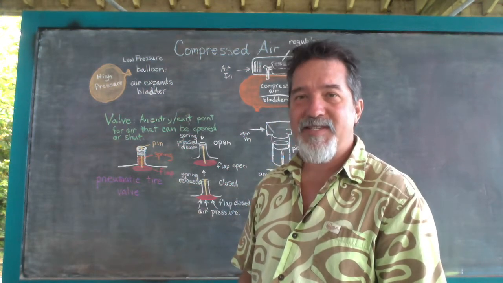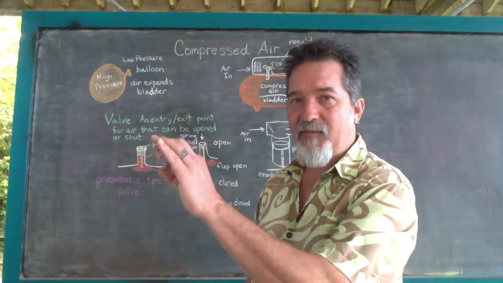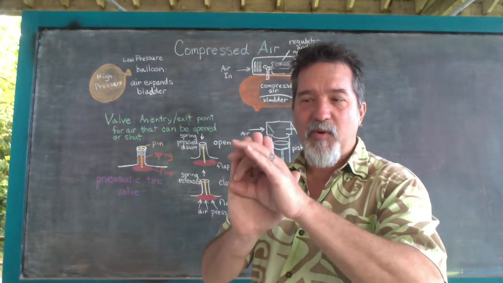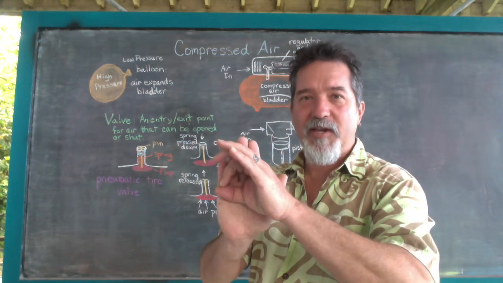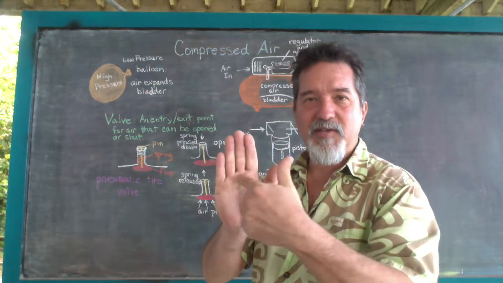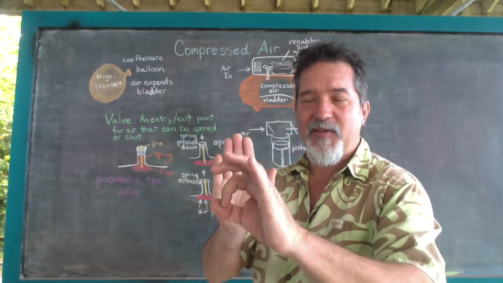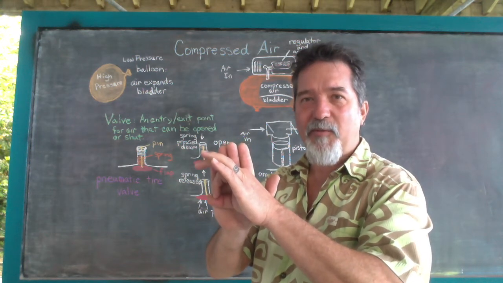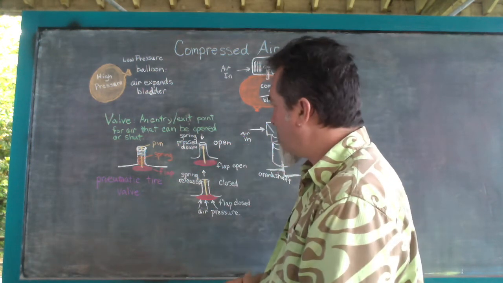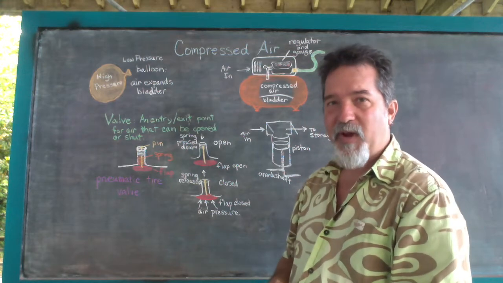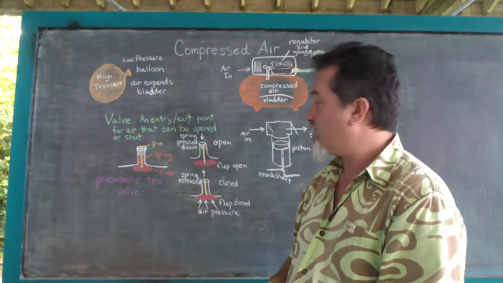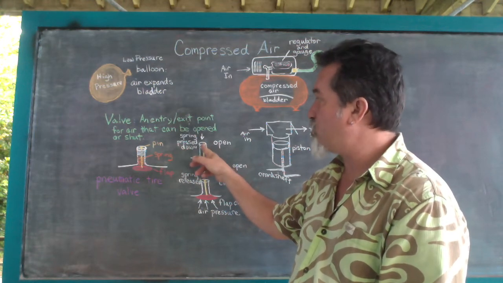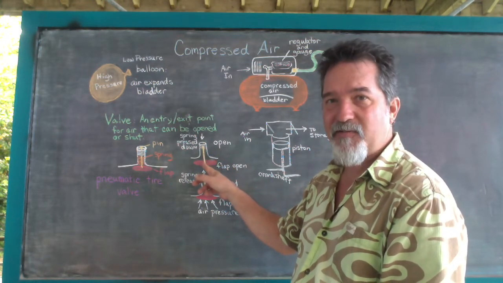A valve is designed in a way that we have an opening, and then we have something behind that opening that, when pressurized, will keep it shut. So if vacuum pressure is pulling in this way, then it will suck that valve shut and keep the valve from opening. So, like many valves, we need to find a way that we can open the valve. Well, if we're going to put air into a tire, we're going to have to push down the pin at the center of the valve.